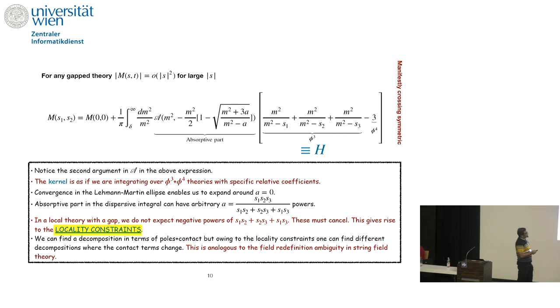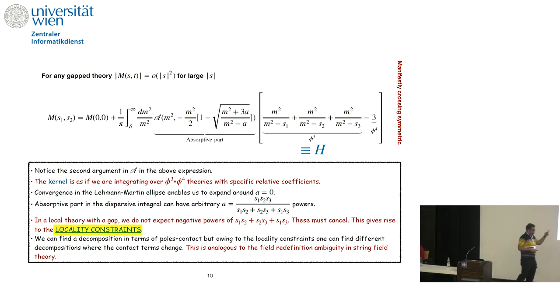So if you have arbitrary powers of A, you will start seeing arbitrary powers of sigma 2 in the denominator. And in any local theory, you do not expect to see such negative powers of sigma 2. So this is what gives rise to what are called locality constraints. These negative powers of sigma 2 must cancel. So you're paying the penalty that you've lost manifest locality.